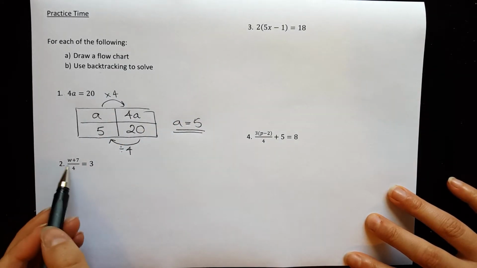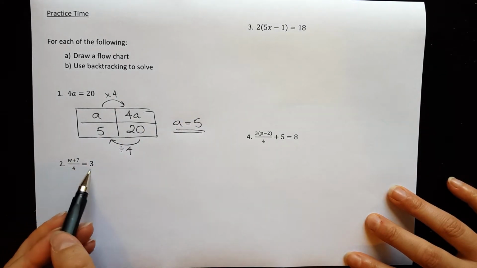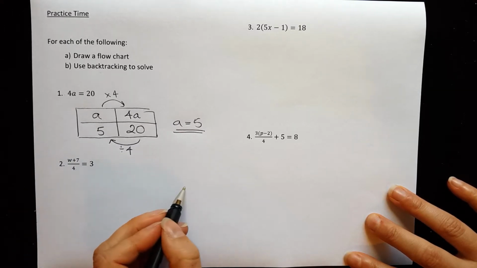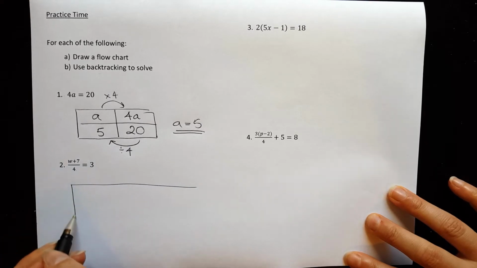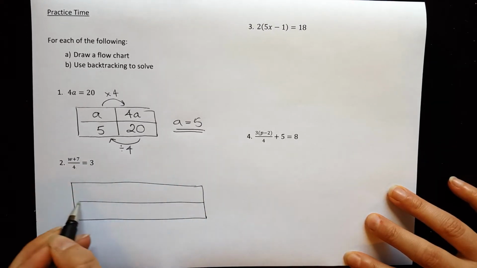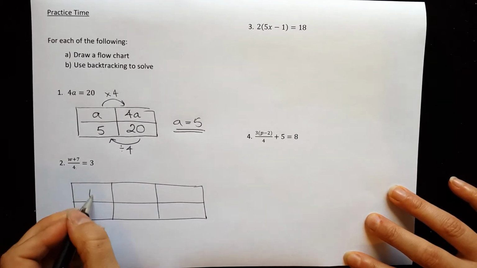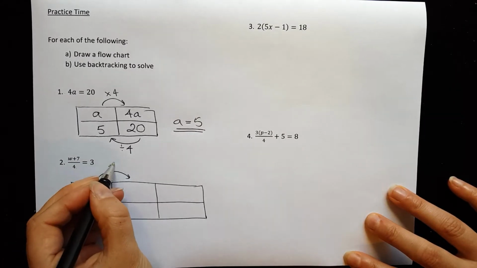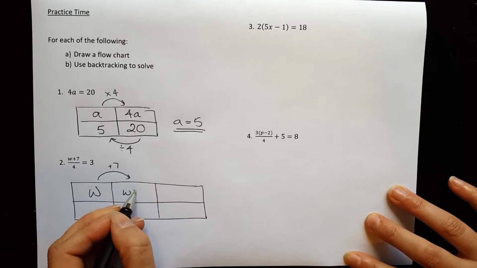So a is equal to 5. For question 2, we have w plus 7 over 4 is equal to 3. So 1, 2, 3 things, so 3 columns in your flowchart. w is the pronumeral. First, we need to add 7 to get w plus 7.